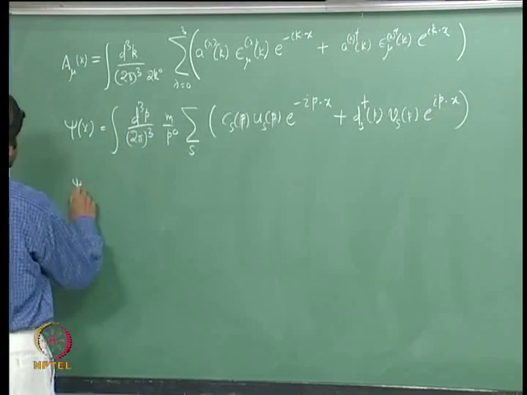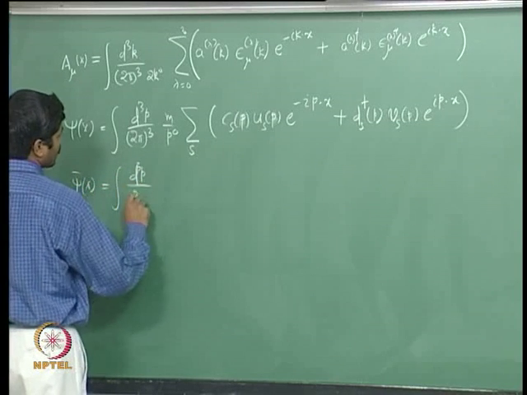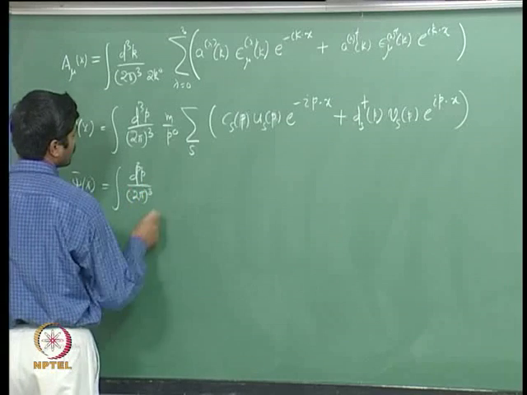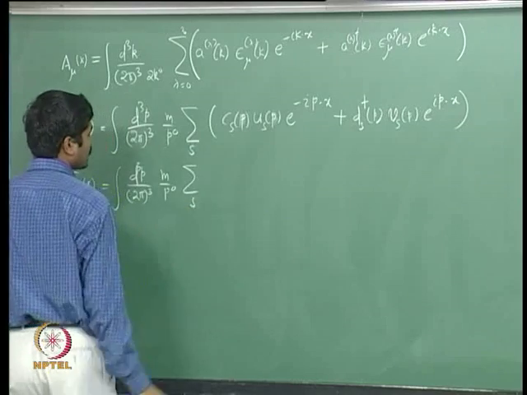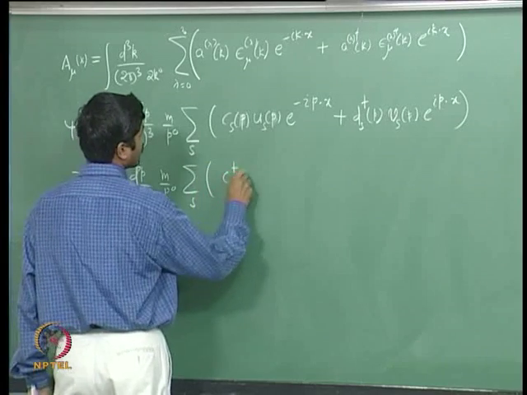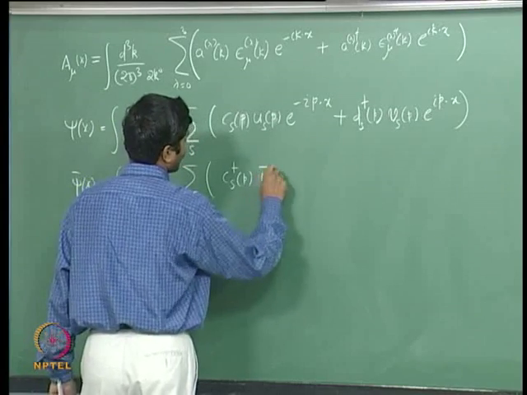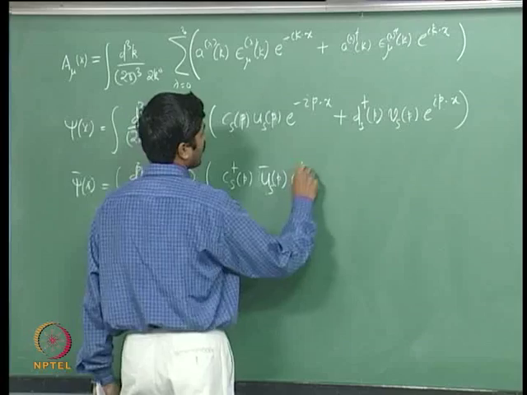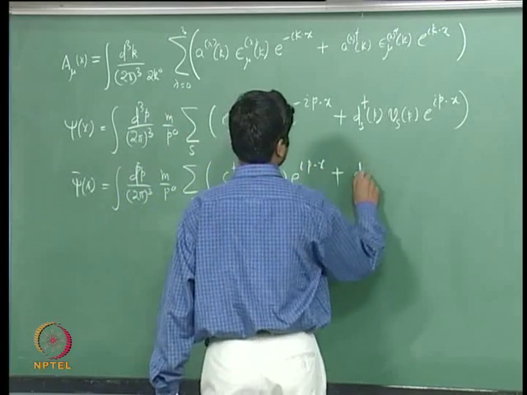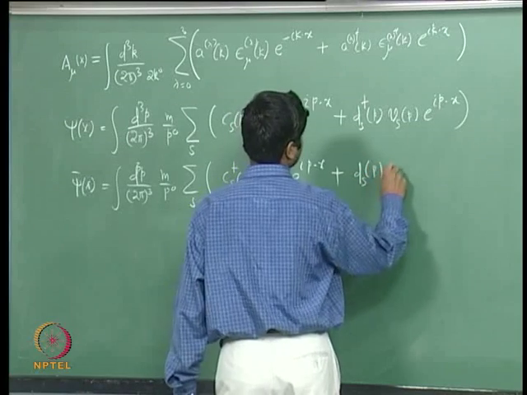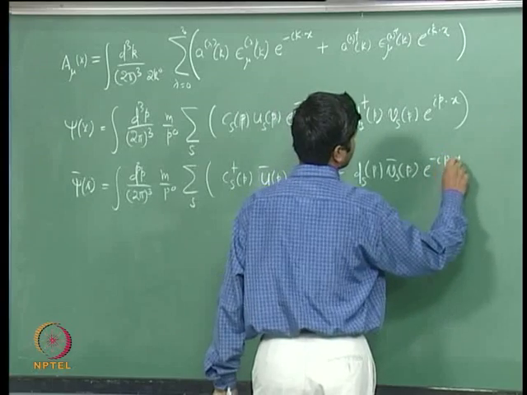Correspondingly, we have psi bar of x, which is given by the integral of d cube p over 2 pi cube, m over p0, sum over s, c s dagger of p u s bar of p e to the power i p dot x plus d s of p v s bar of p e to the power minus i p dot x.